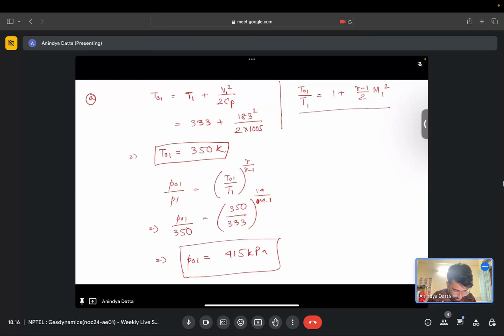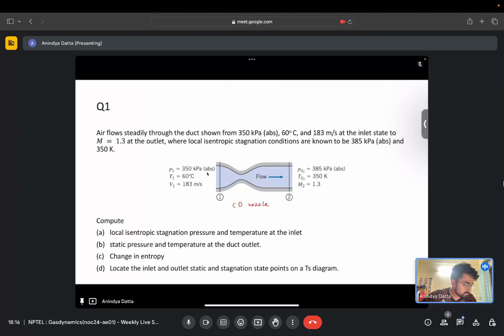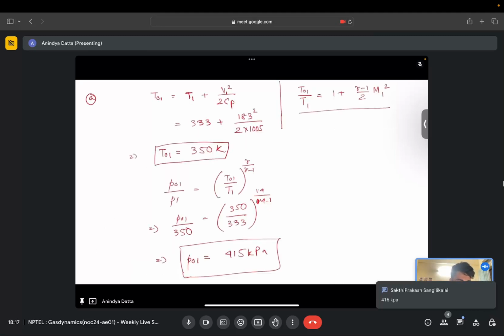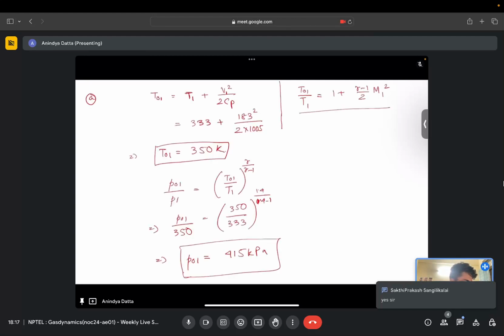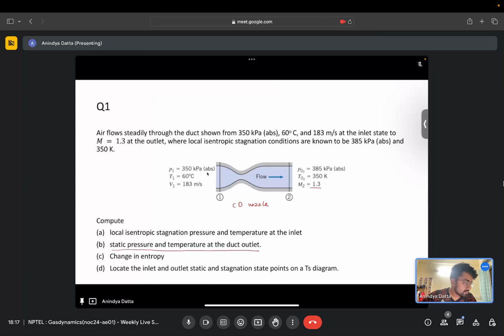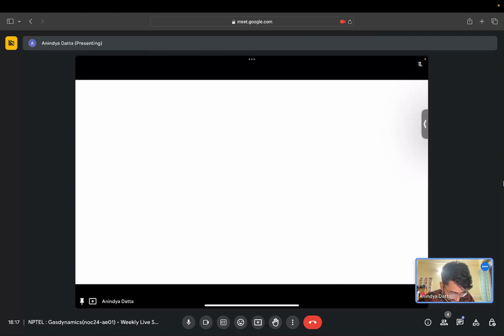Coming to the second part, we have to find the static pressure and temperature at the duct outlet. Yeah, 415 or 416, it's close. Next we have to find the static temperature. At the outlet we know the Mach number and the stagnation condition, so we can use the other formula, T02 by T2 is equal to 1 plus (gamma minus 1)/2 M2 squared.